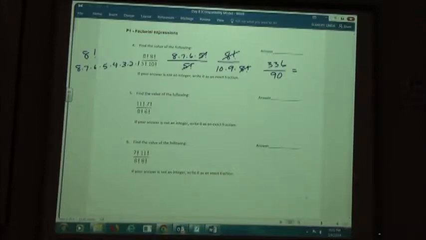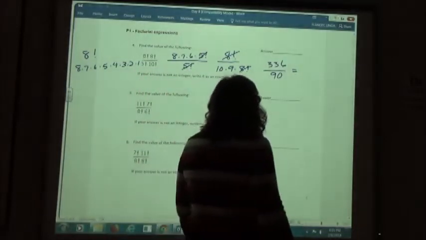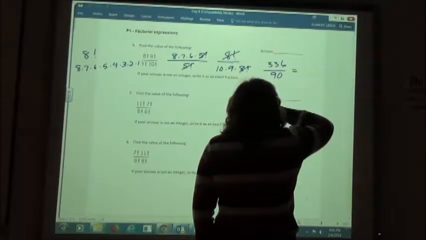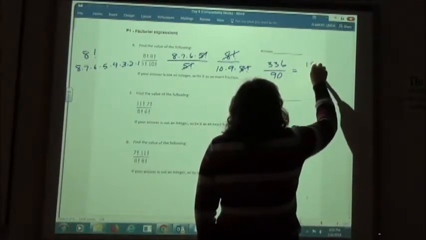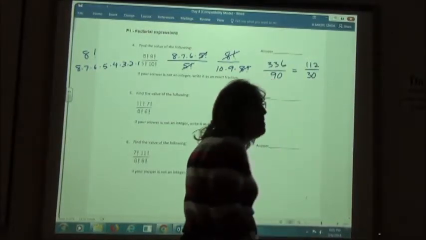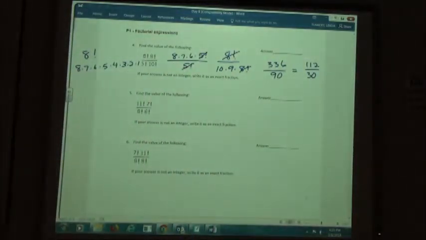Maybe 3, we can divide by 3, yep. If I divide by 3, I'm going to get 112 over 30, right? But I can reduce that some more.